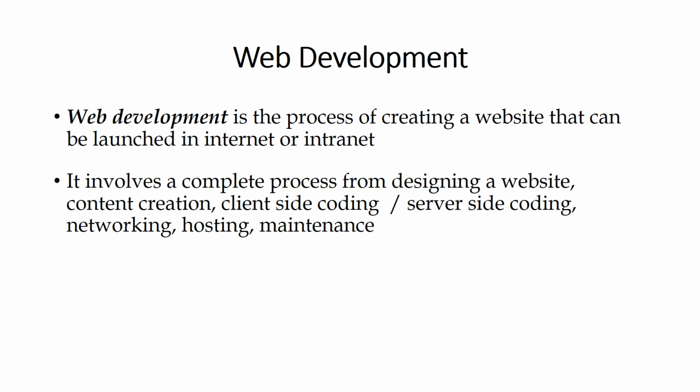In the coding part we have two types, that is, first the client side part we need to code, and after that we will go for server side. And then comes the networking and hosting our website, and the maintenance part continues till we hold our website.